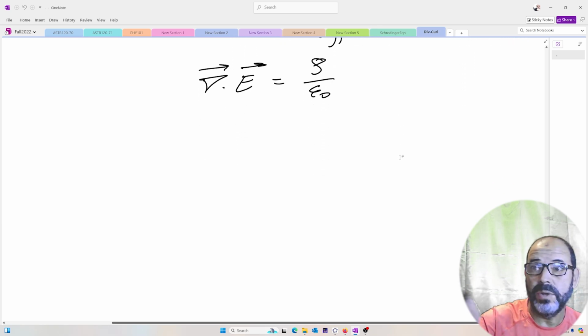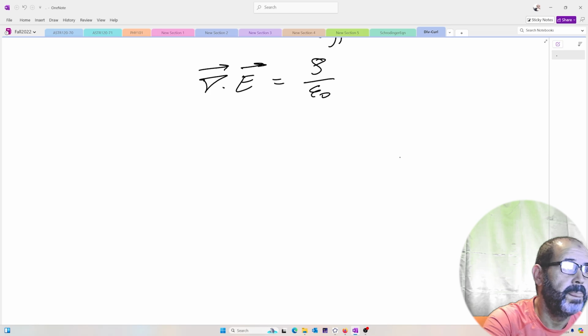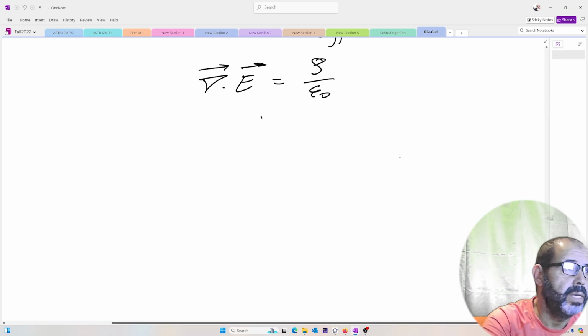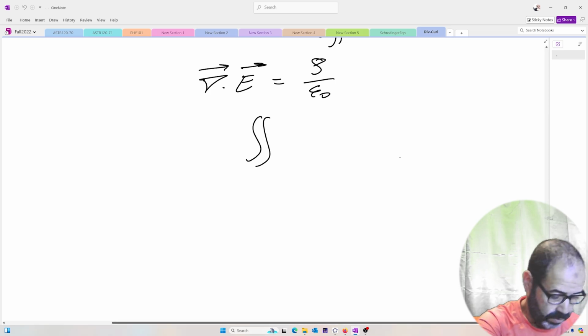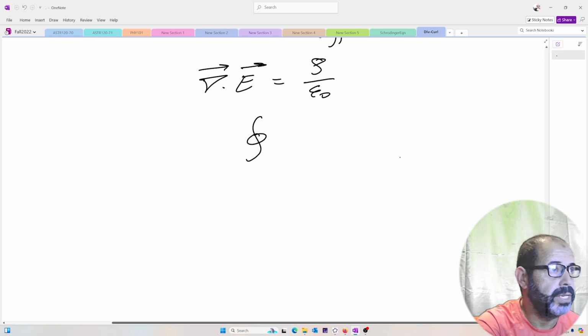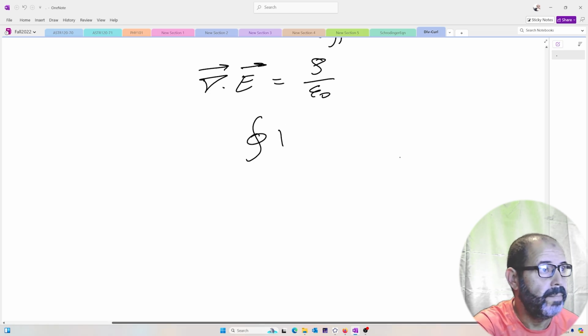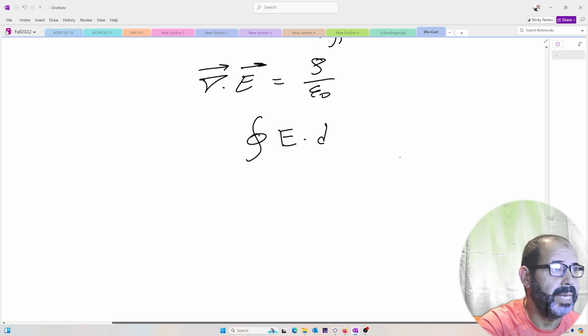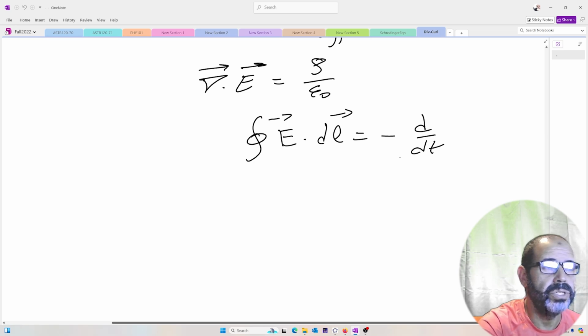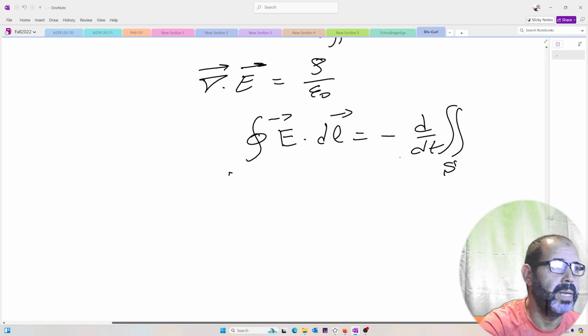The other law, for example, is the Faraday-Lenz law that says that the circulation of the E, basically the EMF, is equal to minus the rate at which the flux changes over a surface that is enclosed by that path.